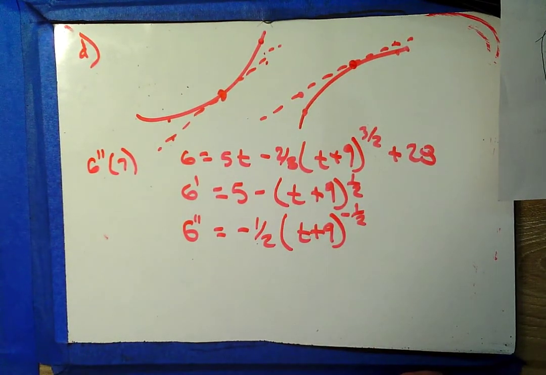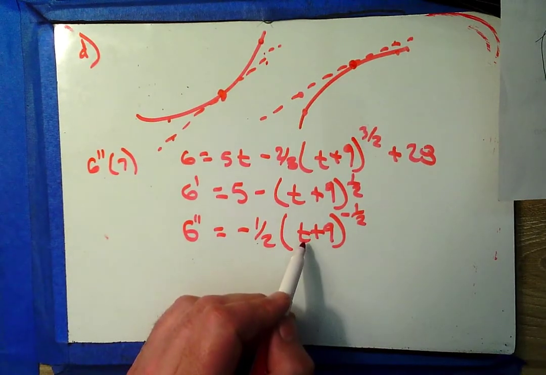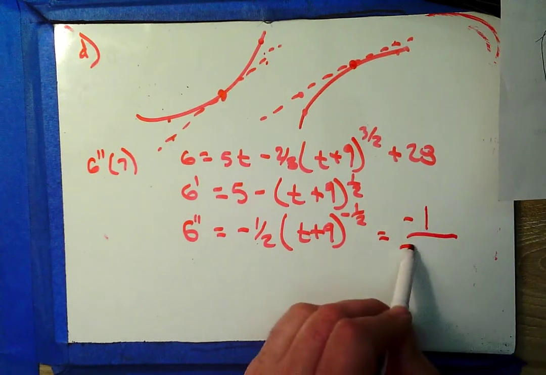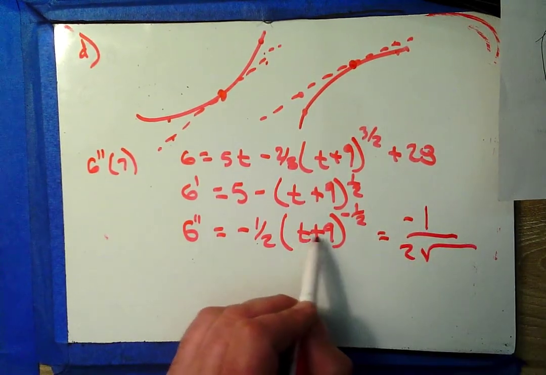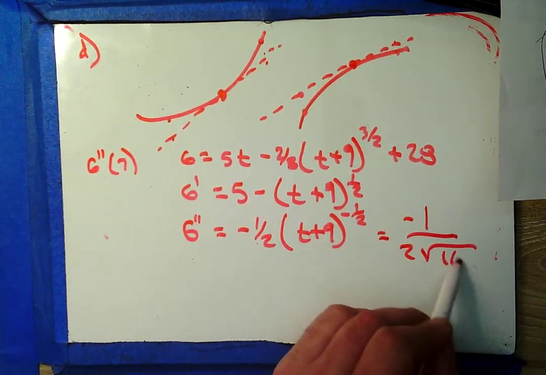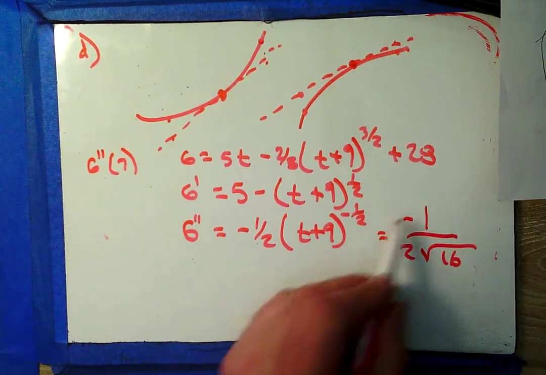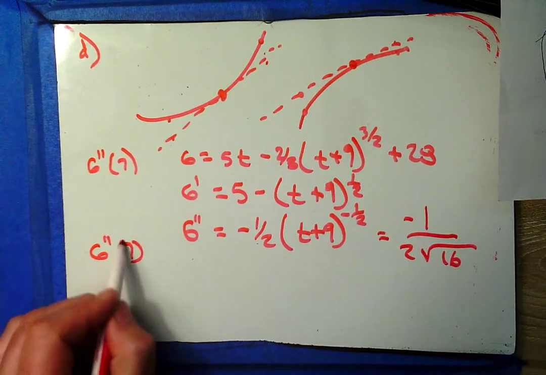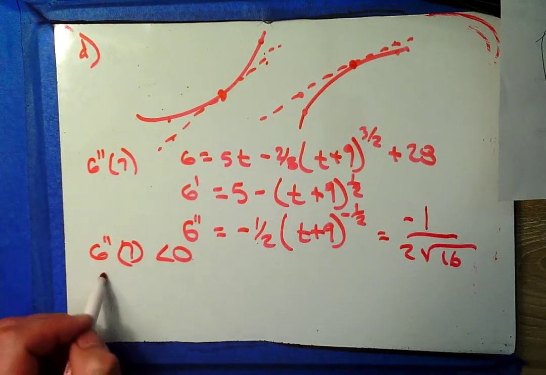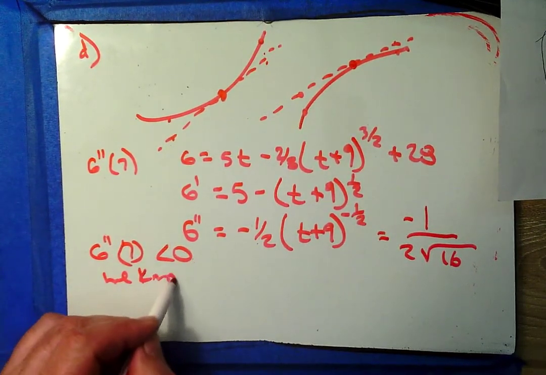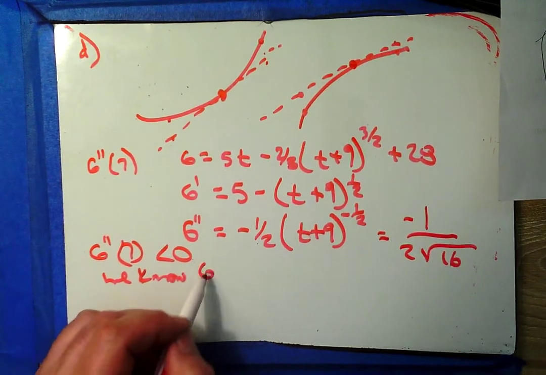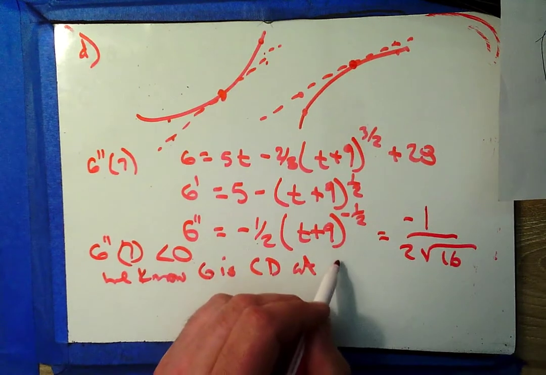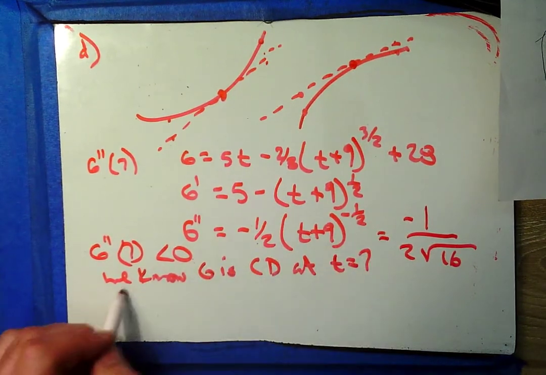Okay, and if I plug in a 7 here, I get minus 1 over 2 square root, 7 plus 9 is 16. That's a negative number. And because g double prime of 7 is less than 0, we know g is concave down at t equals 7.